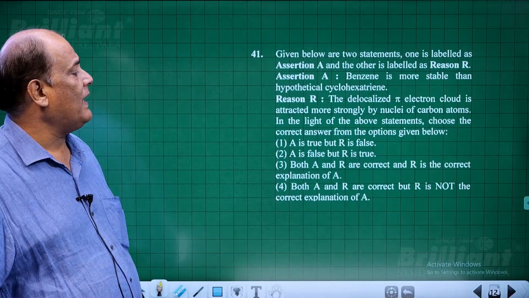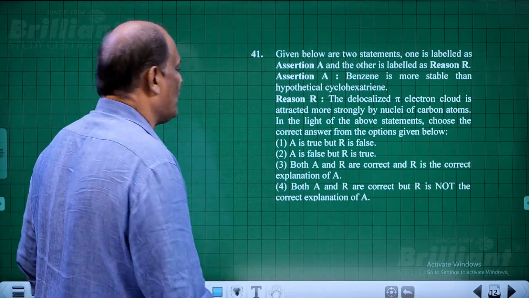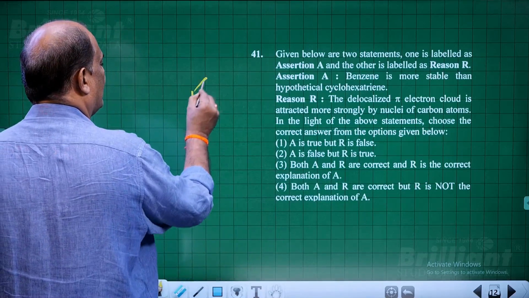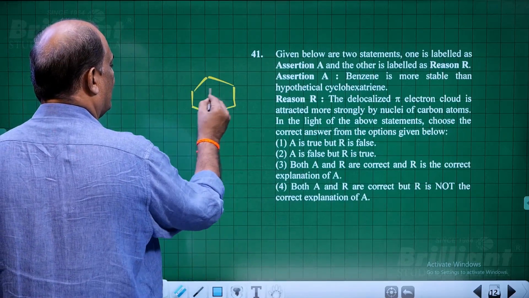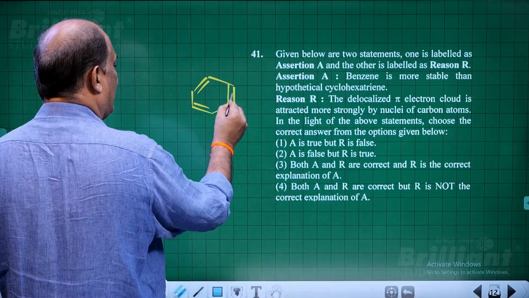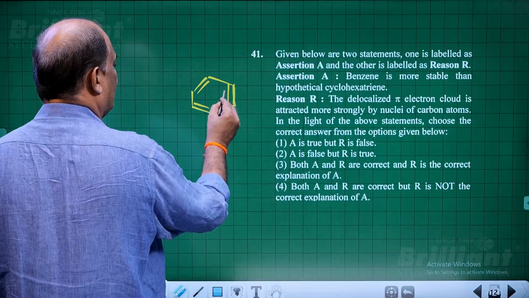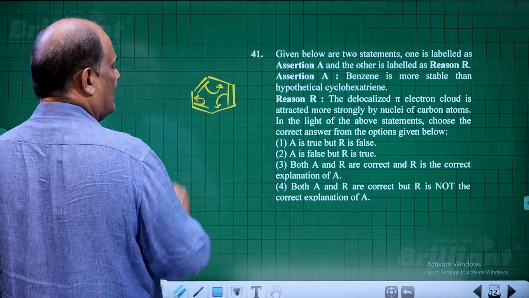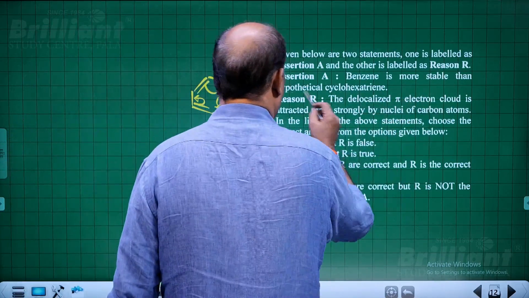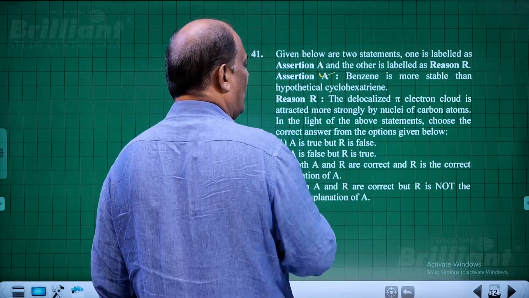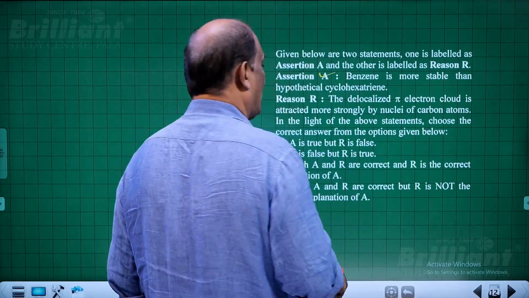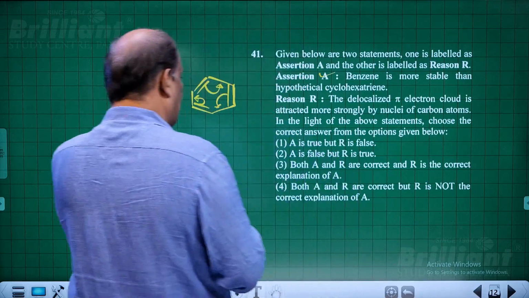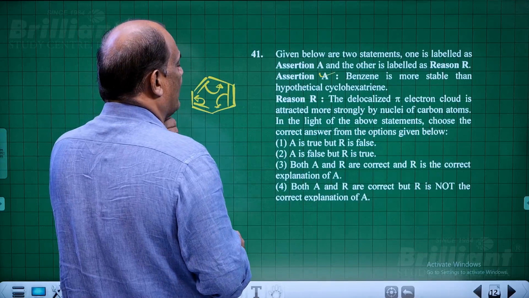The delocalized pi electron cloud is attracted more strongly by nuclei of carbon atoms.